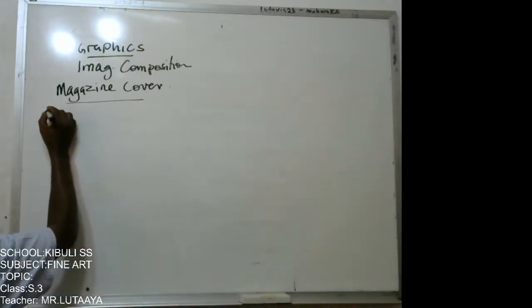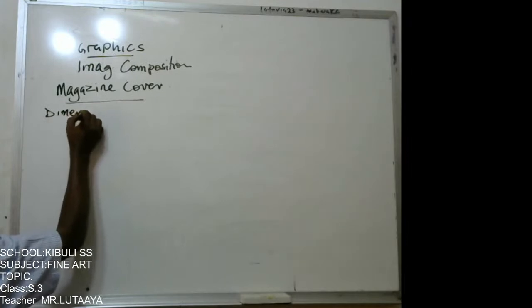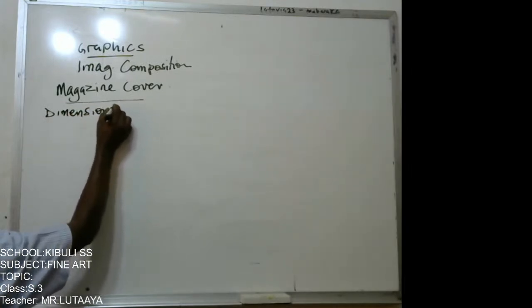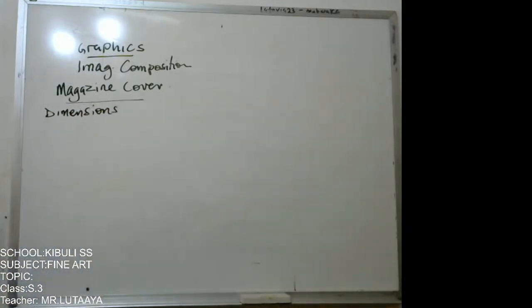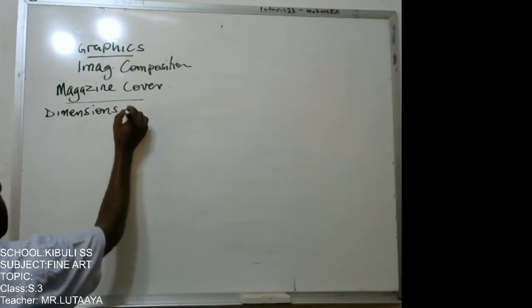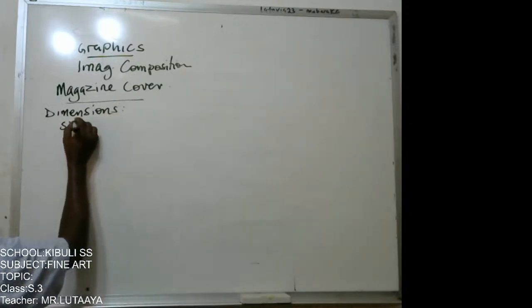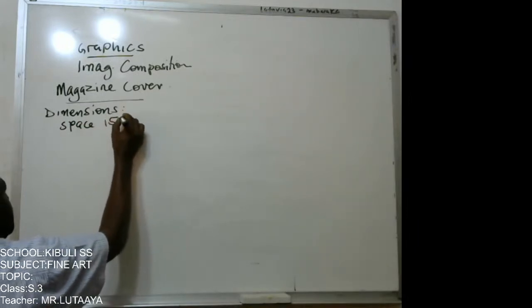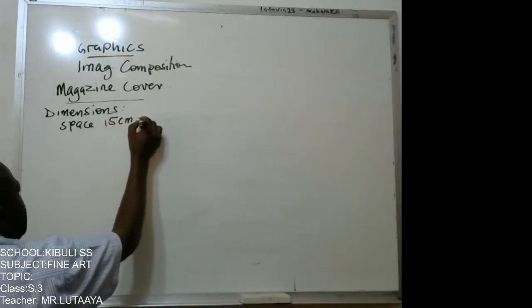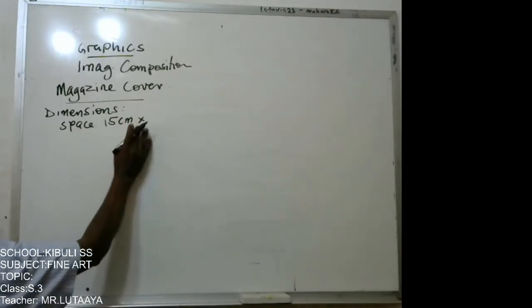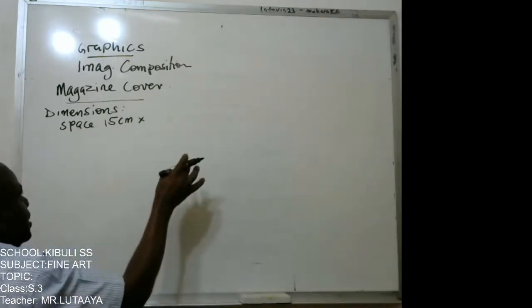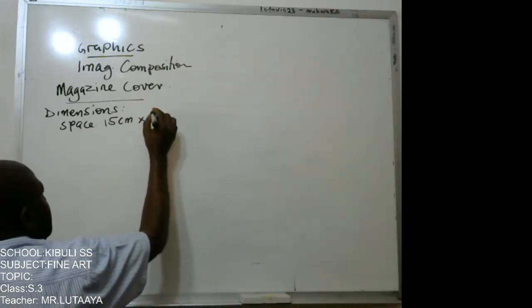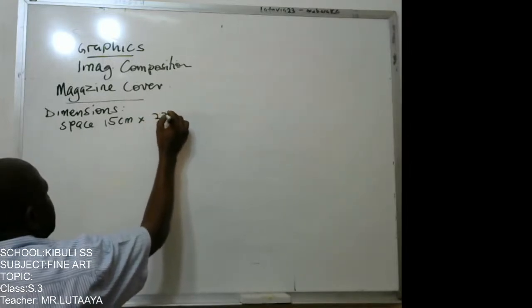Begin with the dimensions, knowing the dimensions and how to interpret them. So we can say in a space 15 centimeters by, this multiplication sign, it is by 22.